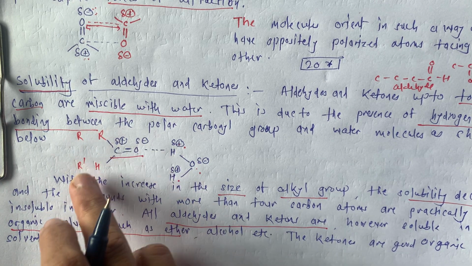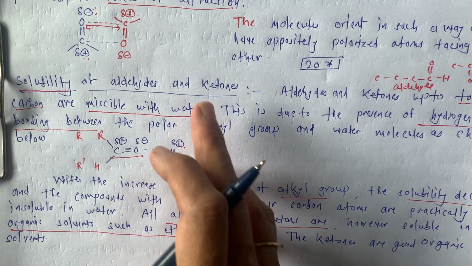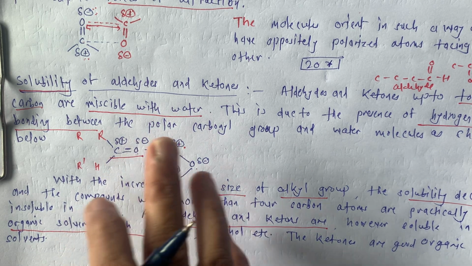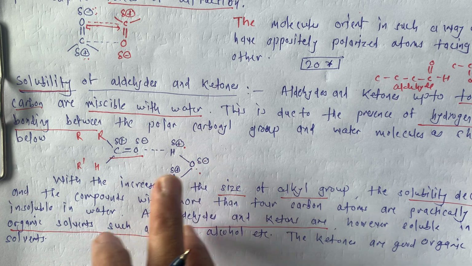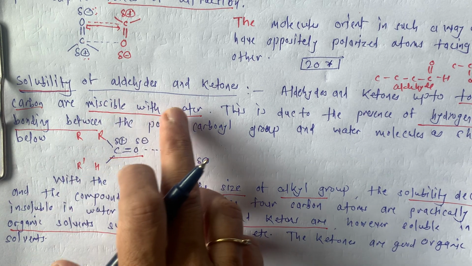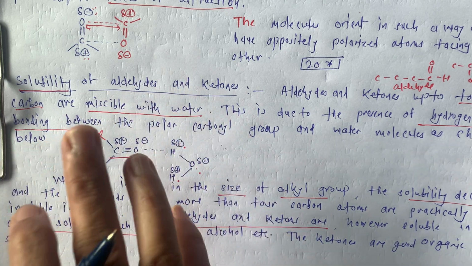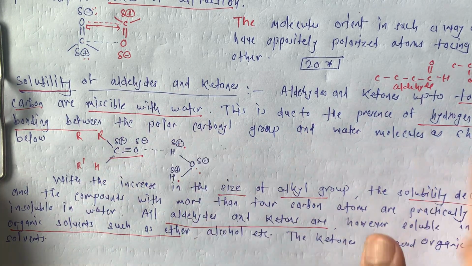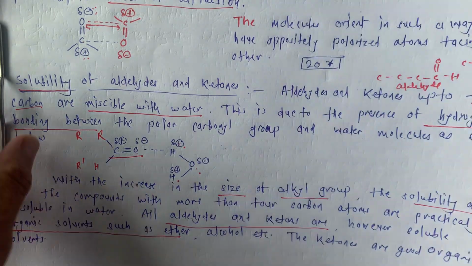Then as these alkyl groups go on increasing, crowding goes on increasing, and very easily the OH bond is not going to form. And that's why higher aldehydes and ketones are immiscible with water, while up to 4 carbon, this is miscible with water.